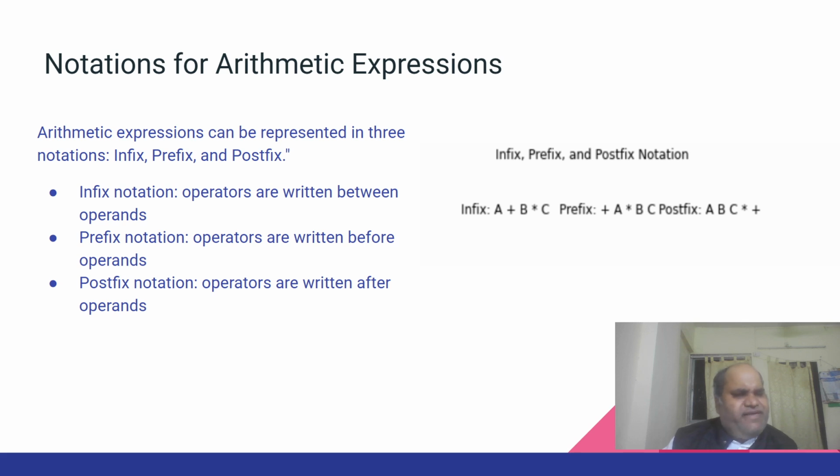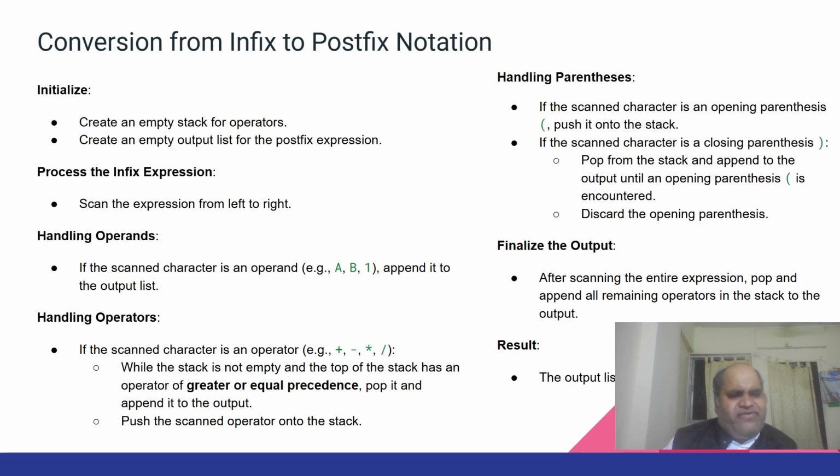Then we introduced arithmetic operations and talked about infix to postfix, where we talked about two stacks, one for holding our postfix operands and another for holding operators, and then we talked about two conditions.